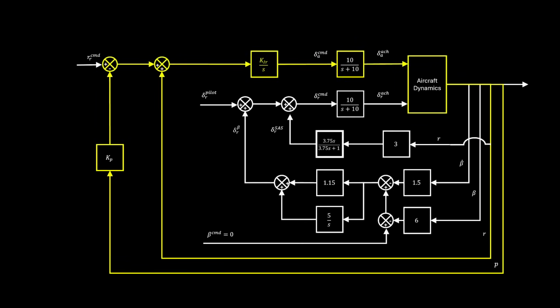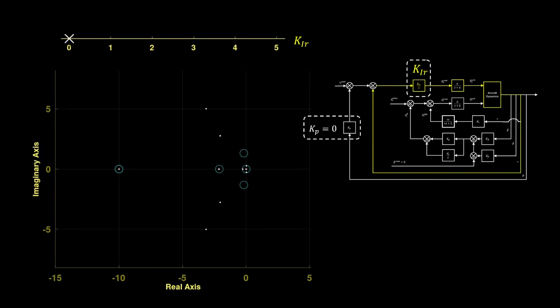To stabilize the roll axis, we now explore the roll rate regulator loop. There is a root locus for each value of Kp, where Kir is varied as before. Starting with Kp equals 0 for reference, what do you observe as Kp is increased?